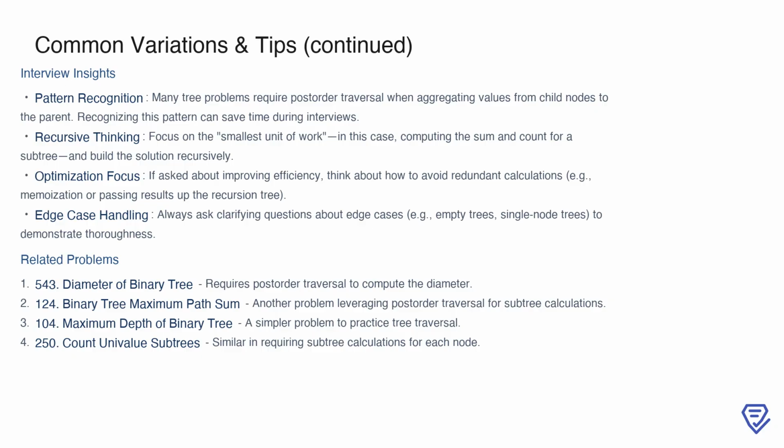If asked about optimization, think about ways to avoid redundant calculations, such as using memoization or passing results directly up the recursion tree. Finally, be proactive about edge case handling. Ask clarifying questions about scenarios like empty trees or single-node trees to demonstrate thoroughness.